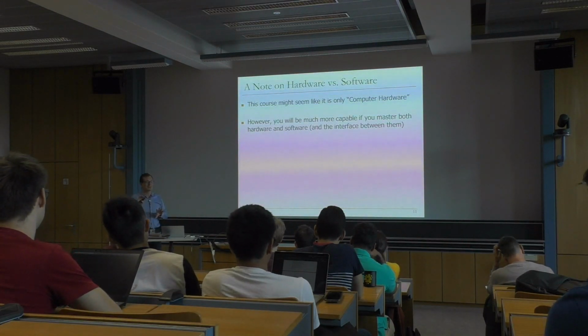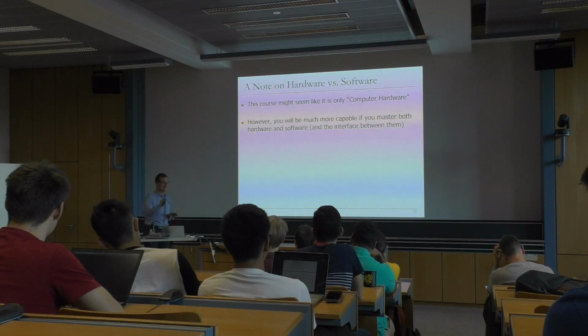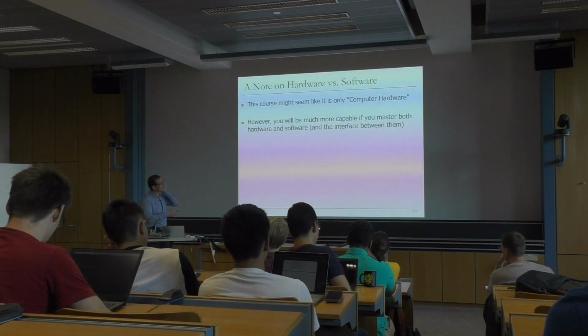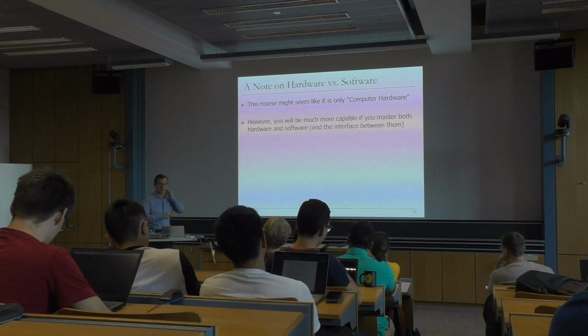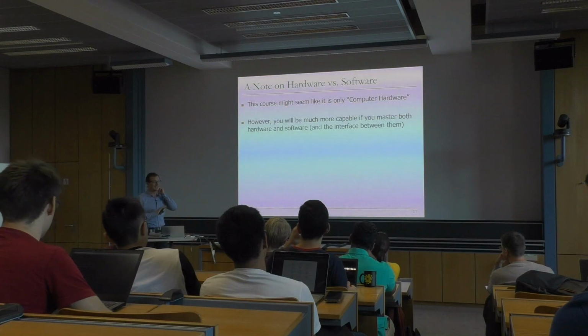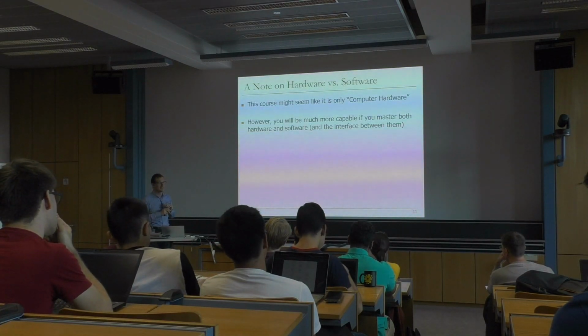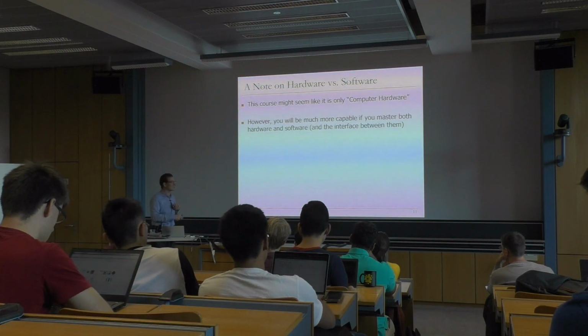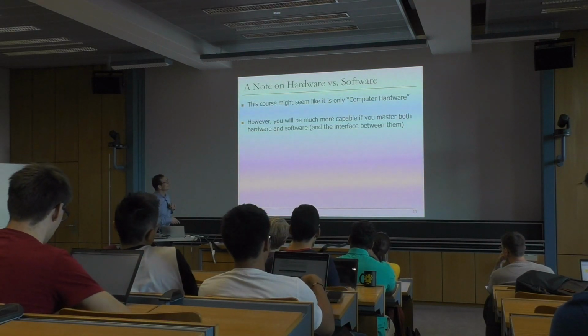People are breaking those boundaries much faster than a lot of things are happening, right? And as I said, you'll be much more capable if you master both hardware and the software. Traditionally, software companies are becoming hardware-software co-design companies. And hardware companies are also becoming more software-hardware co-design companies over time.